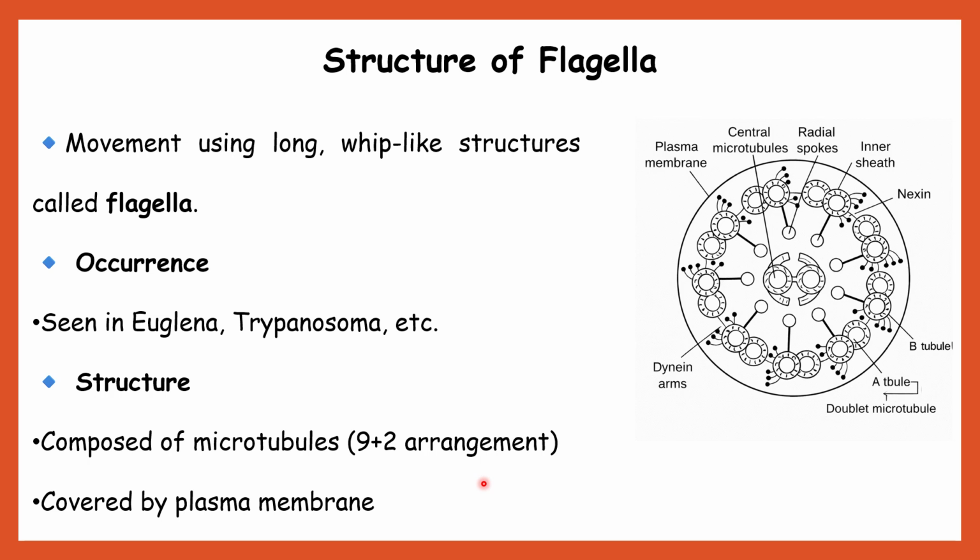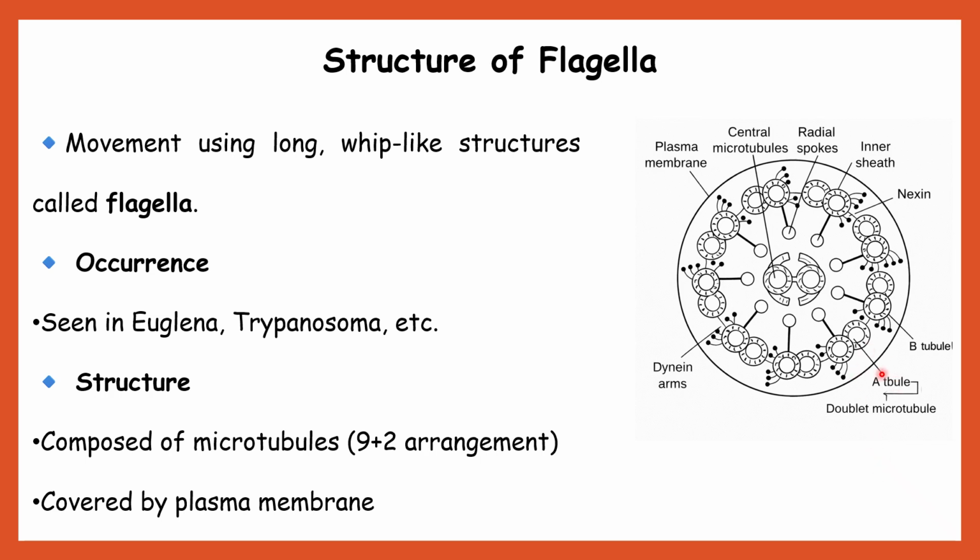In each doublet, as I said, two microtubules are there. The front one is known as the A microtubule and the second one is known as the B microtubule, which makes a doublet.